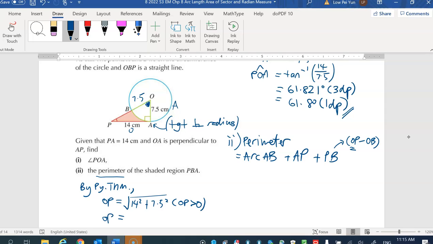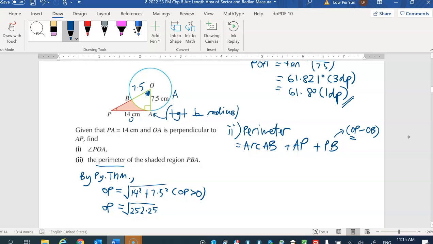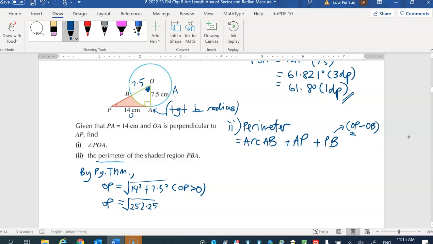So calculation, I will square root, finding the value inside. It is 252.25. Since this is not my final answer, I leave it as it is first. Now continuing, I need to find the length of PB. So PB is equals to OP minus OB, which is 7.5.